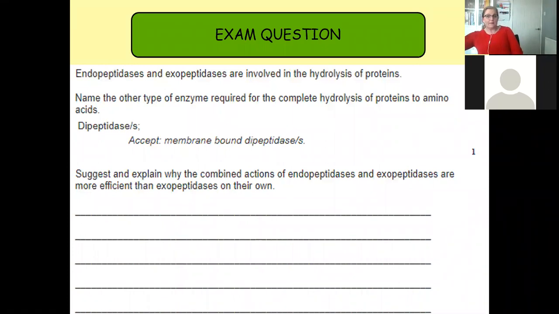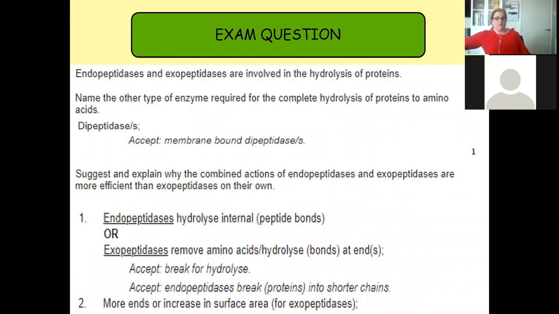Now explain why the combined actions of endopeptidases and exopeptidases are more efficient than exopeptidases on their own. Well, it's just asking what the difference is, what do they do? Endopeptidases hydrolyze those internal peptide bonds, whereas exopeptidases hydrolyze the bonds at the end, removing those amino acids. So we get more ends, increasing the surface area.